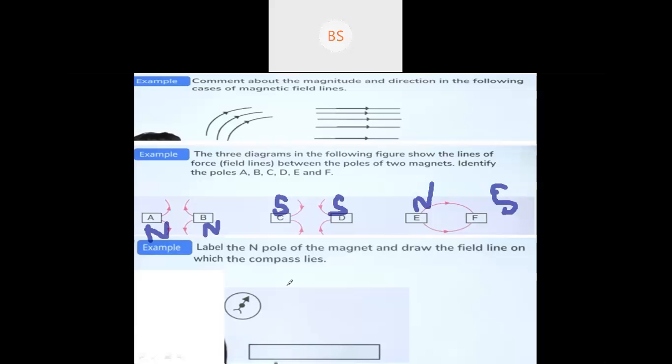You can chat there and tell me, or you can unmute yourself and tell me. In a magnetic compass, left is north and right is south. The arrow mark is showing what? I am asking about a magnetic compass.